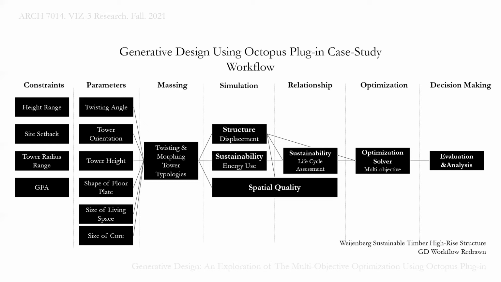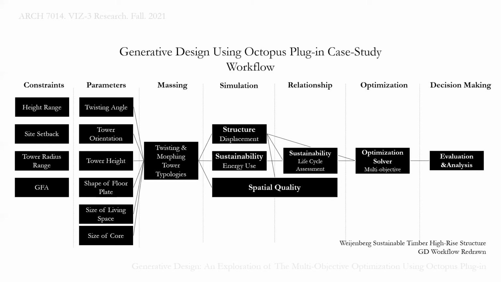You input them to an engine, or not necessarily one engine, obviously multiple engines, starting with the structure, for example, or the displacement that would use, for example, the Karamba plugin in Grasshopper, and then the sustainability energy use that would use Honeybee and Ladybug, and then the spatial quality, and then the sustainability life cycle assessment.